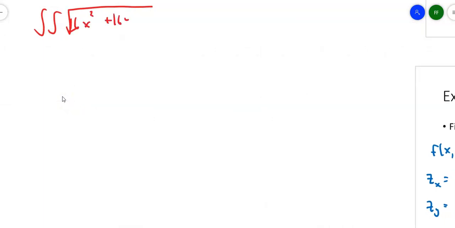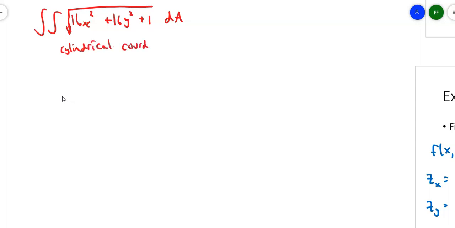And then I get a 16y squared plus 1 integrated over some area. Now, perhaps this would be easier if I could turn this into cylindrical coordinates, because that 16x squared and 16y squared is going to be tough to find the antiderivative of simply. So let's convert this to cylindrical coordinates.